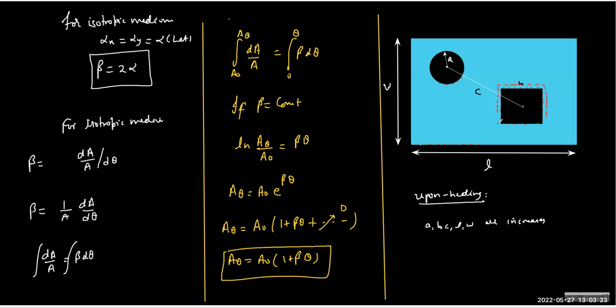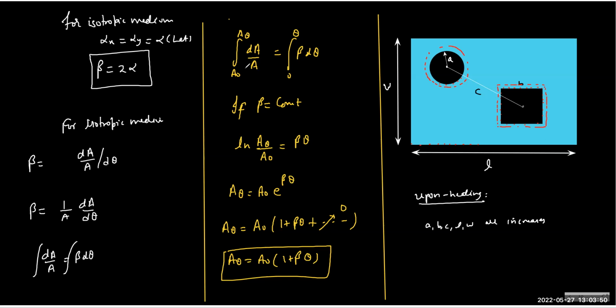So even the hole will expand. Yeah, everything will expand. So if we have a hole, upon heating, even the hole will expand within the metallic sheet. So nothing decreases, everything increases. And upon cooling, everything will shrink no matter what, whether it's a hollow space or a filled portion.